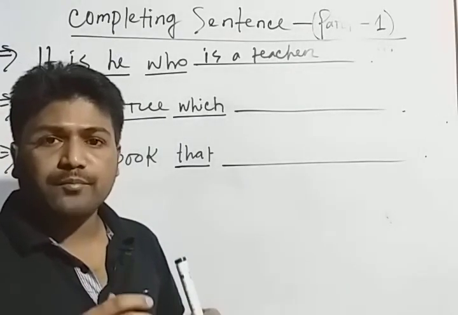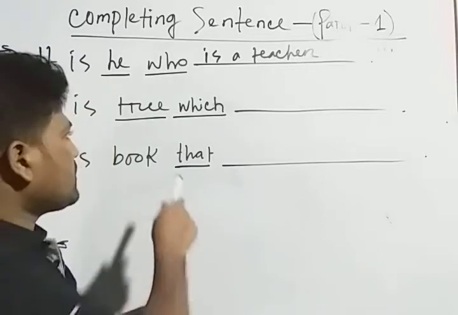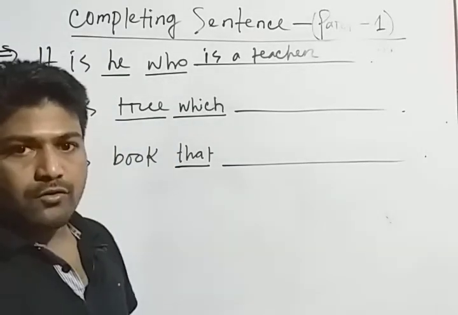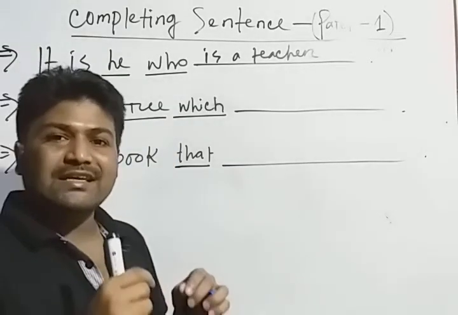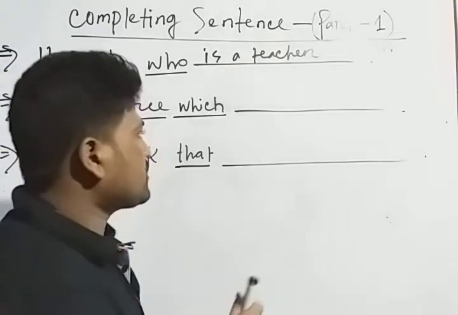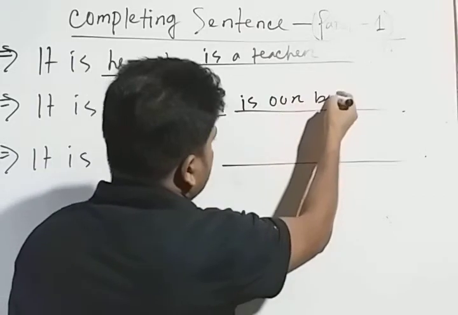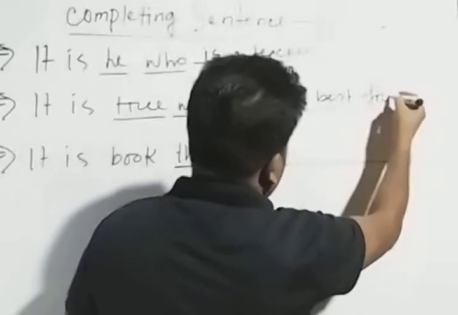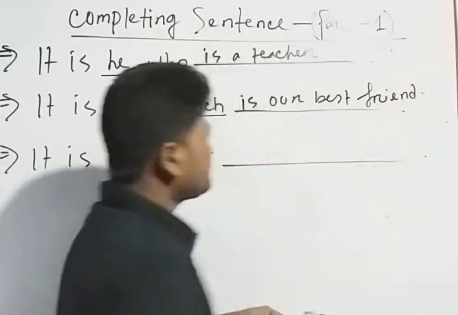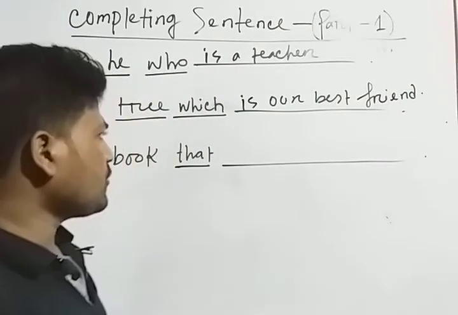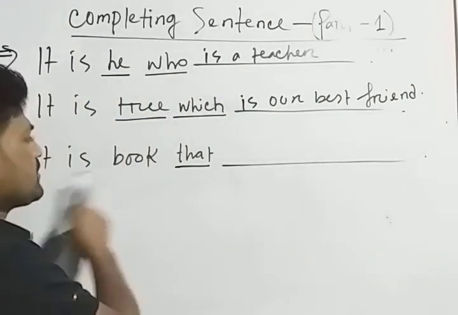The tree is already given here. What is the rest of the sentence? Is our best friend. So we will write down is our best friend. Clear?